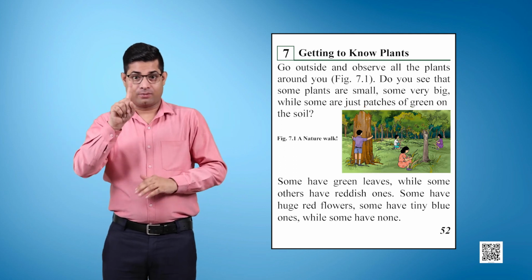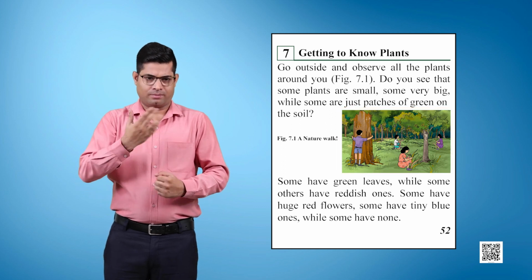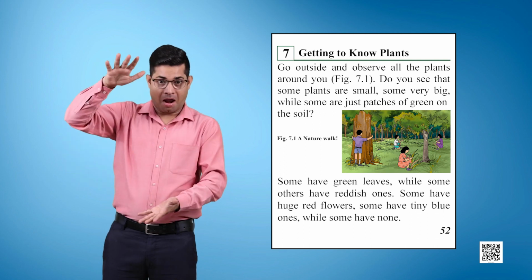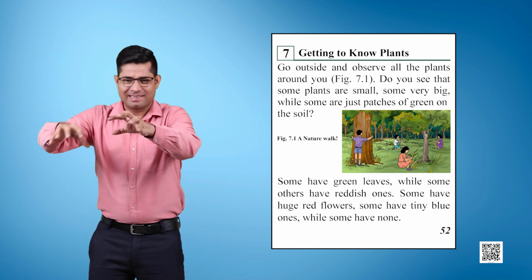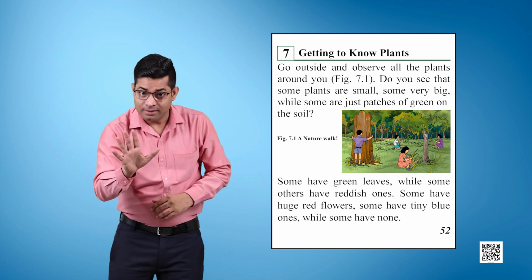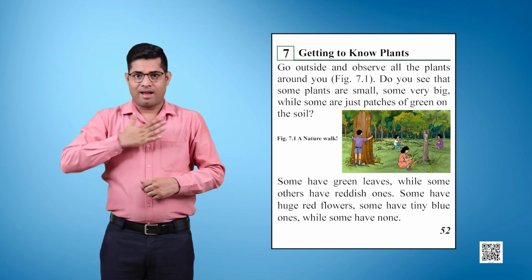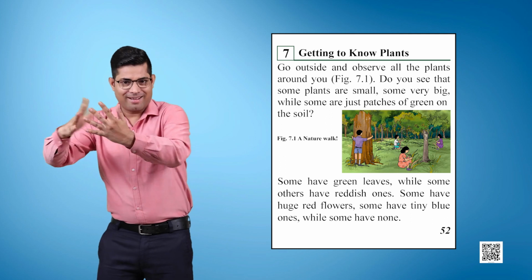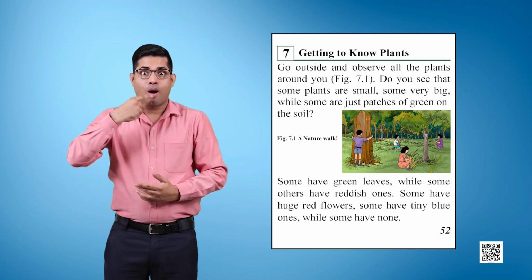Figure 7.1. Do you see that some plants are small, some very big, while some are just patches of green on the soil? Some have green leaves, while some others have reddish ones. Some have huge red flowers.